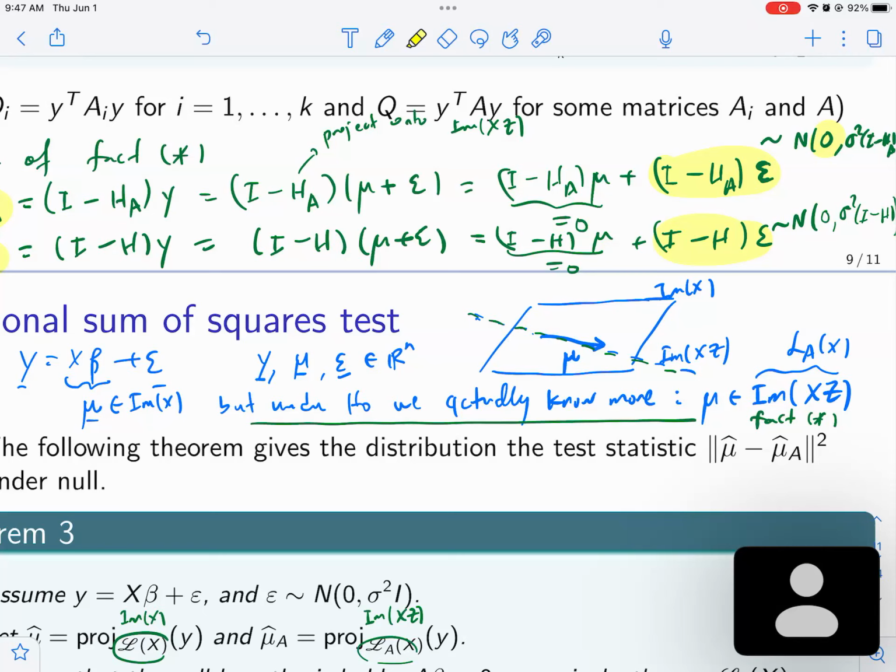If, for example, you were under the full model, but not under the restricted model, what would happen? Which one of these statements would fail? Under the alternative, where this, let's say, is true, but the restricted model is not true, which one of these statements would fail?